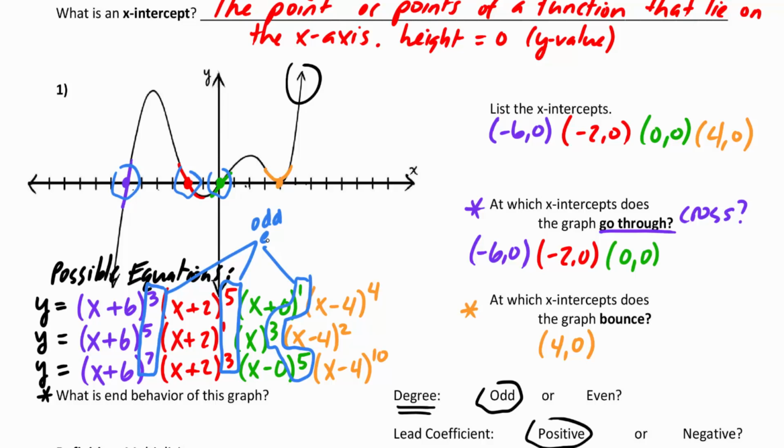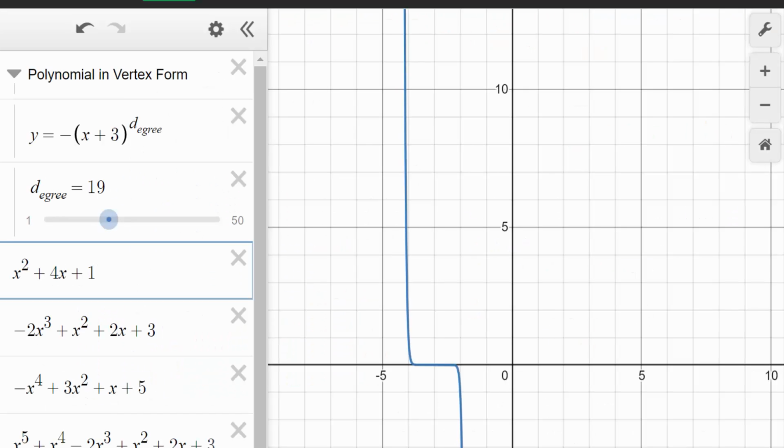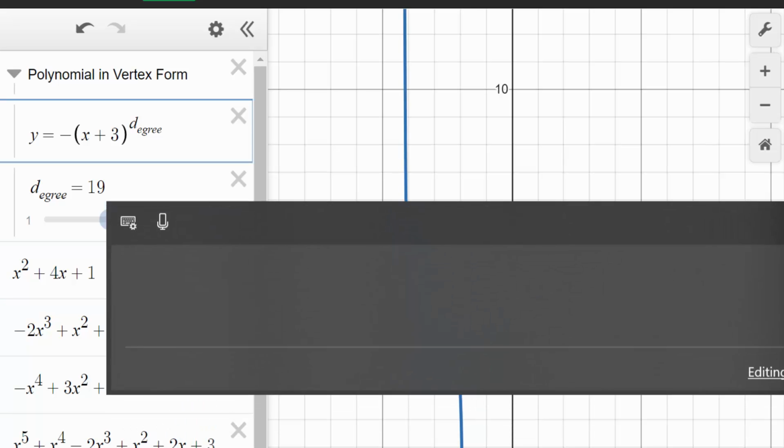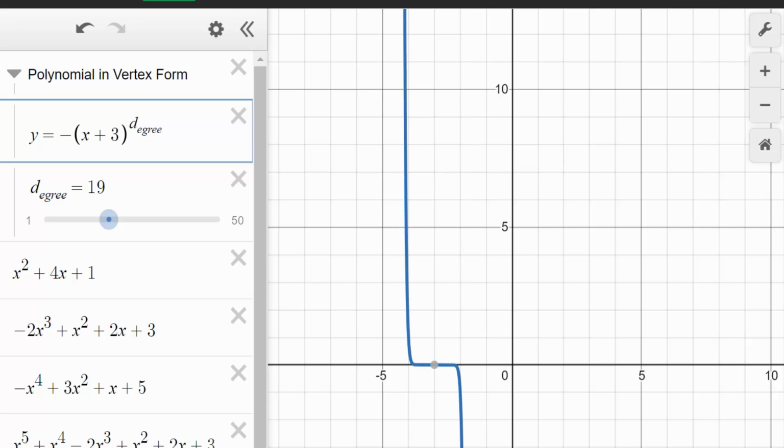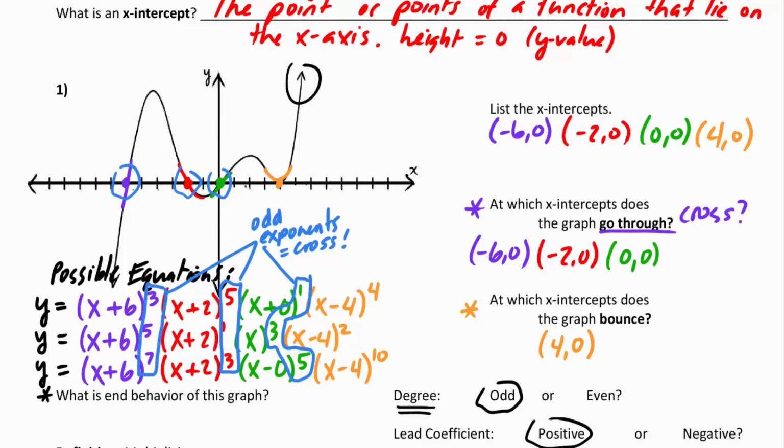And so odd exponents do something with their action. They're going to cross, which, think back to how odd polynomials would behave. Back here, an odd polynomial crosses from one side to the other. I need to take that negative off here, maybe to see it better, from one side to another, or if you put the negative, it goes from the top to the bottom. There's some similarities with how those things operate.